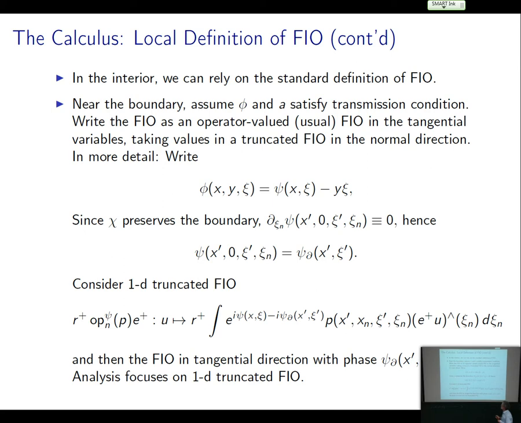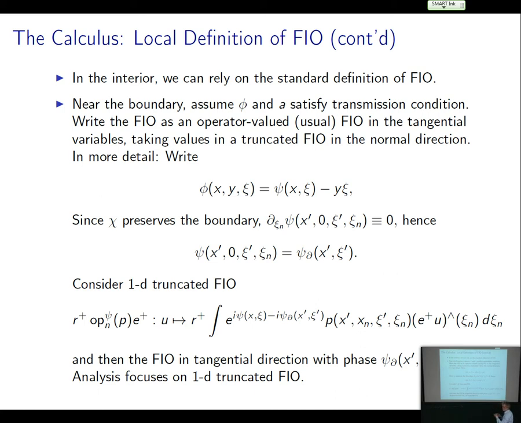Chi preserves the boundary, so the derivative of this thing, which is basically the position of the image of xn, is, okay, xn equals 0 goes to xn equals 0 because the boundary is preserved. So this is constant 0. So the point is this does not depend on the variable xi n. So it's actually something that only depends on the variables x prime and xi prime.